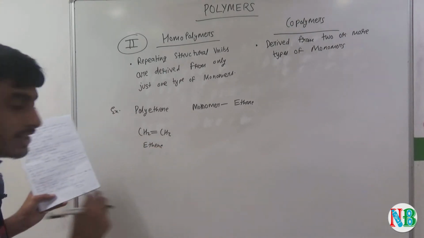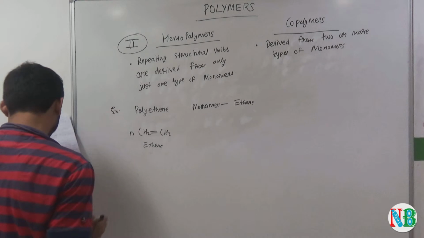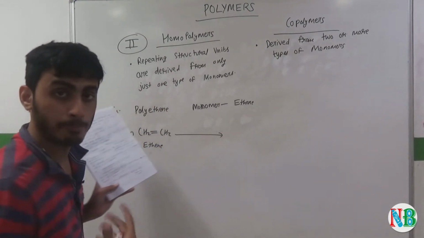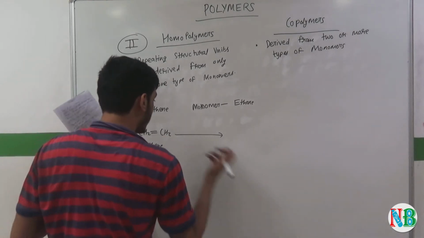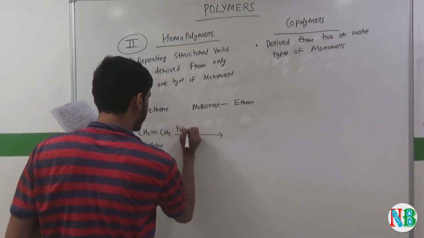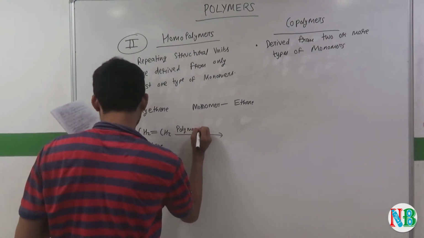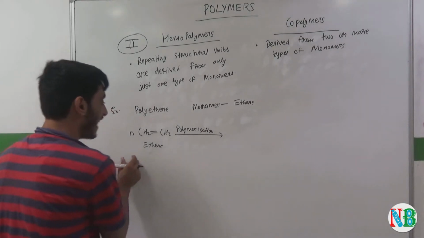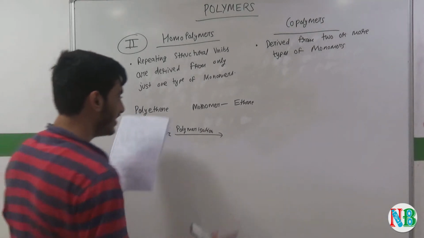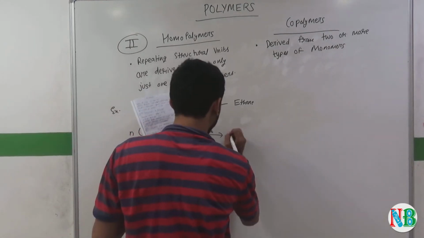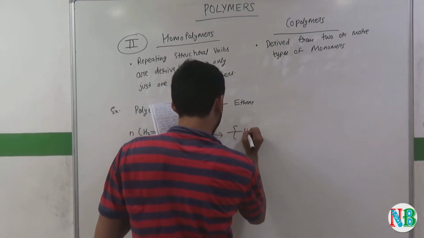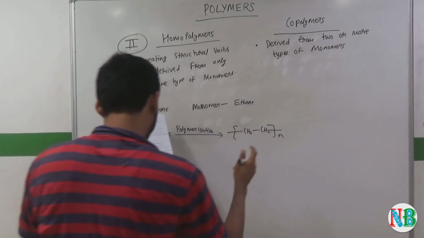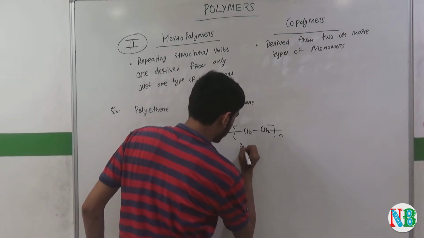Now you take n molecules of ethene, and you make this undergo a process which we have to learn. The process is known as polymerization. After this reaction, all these n units are added to each other through some bond, and it forms a huge molecule of polythene.